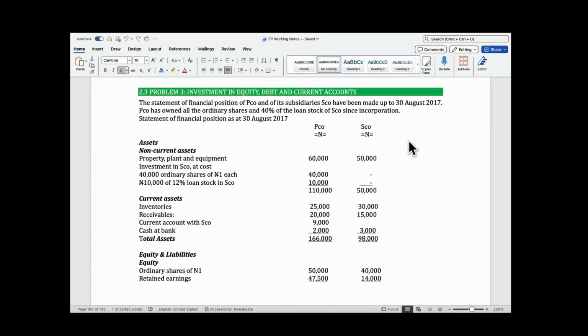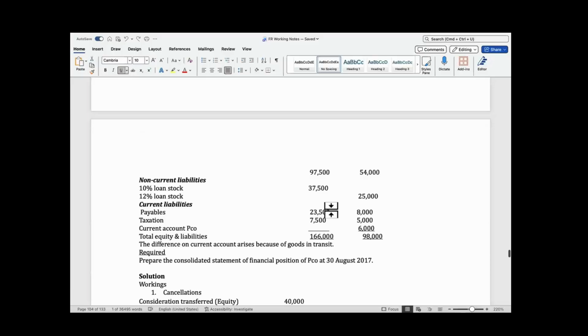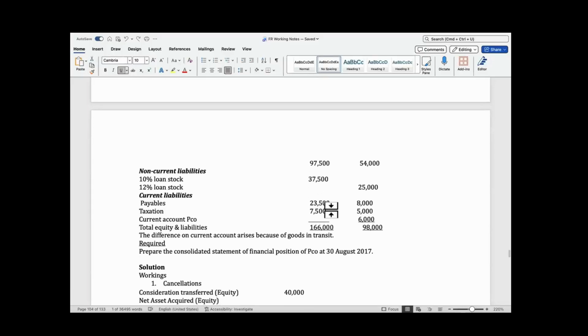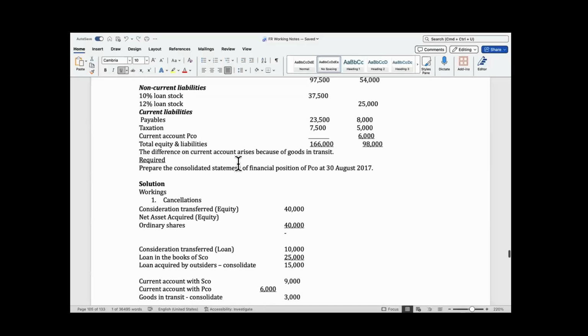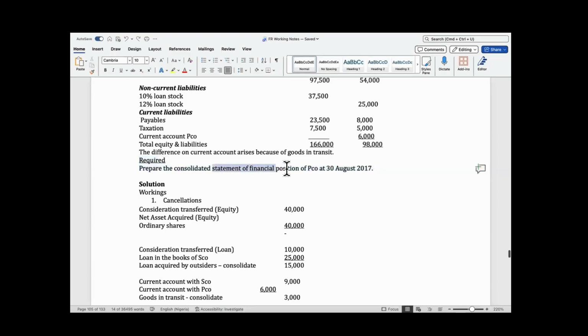Statements of financial position as at 30th August 2017 of PICO and SICO are as follows. All figures are assumed to be correct. Required. Prepare the consolidated statement of financial position of PICO as at 30th August 2017.